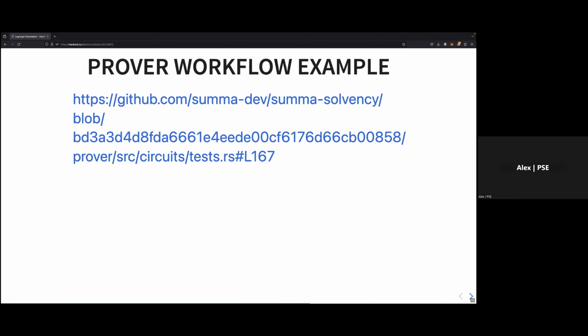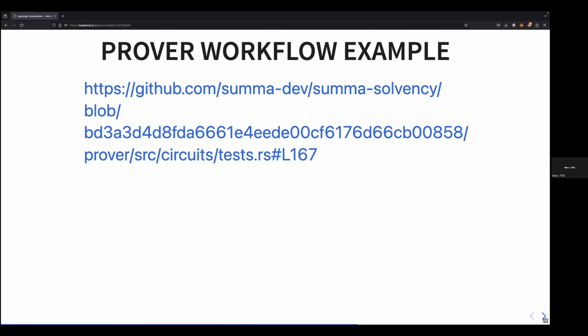But now we need to talk about a couple of things that are also very specific to Summa, to the univariate grand total version of Summa, and that are slightly different from how you normally use Halo 2 in most cases.